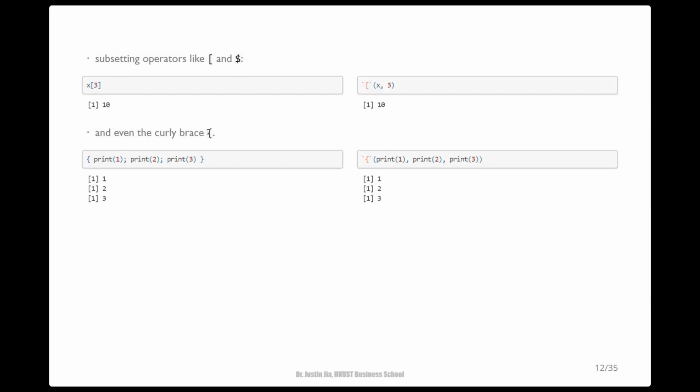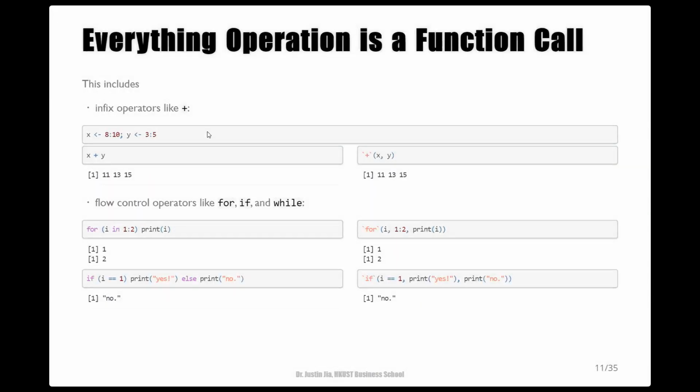Each of these things can be written as a function, as shown by code examples in the right-hand side code chunks. Behind the scenes, they are actually passed into calls to the corresponding functions.